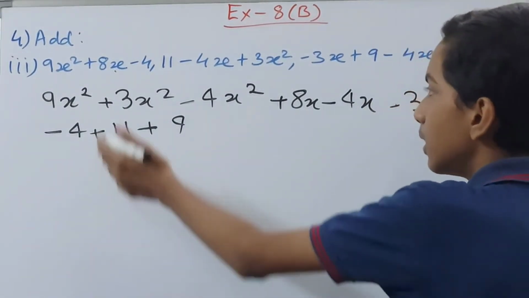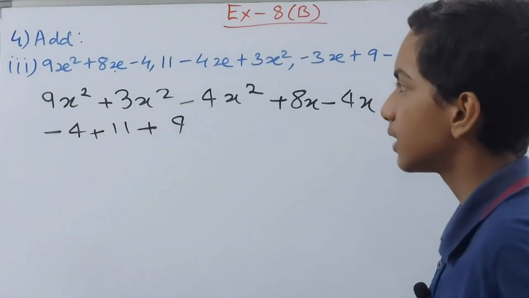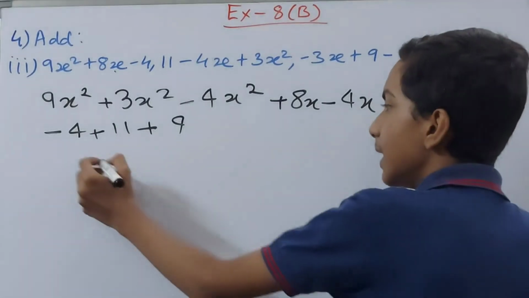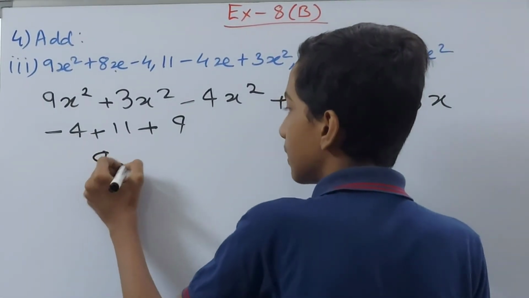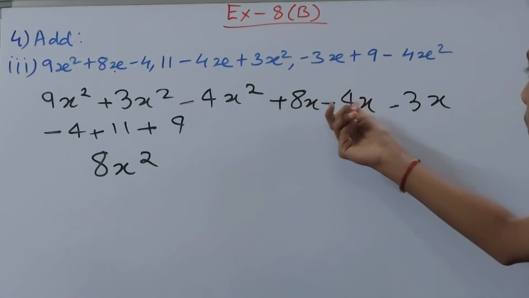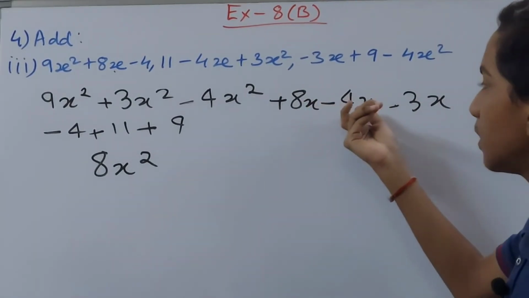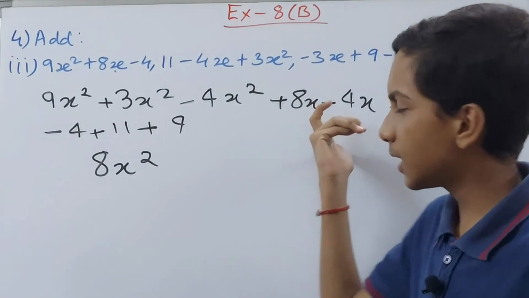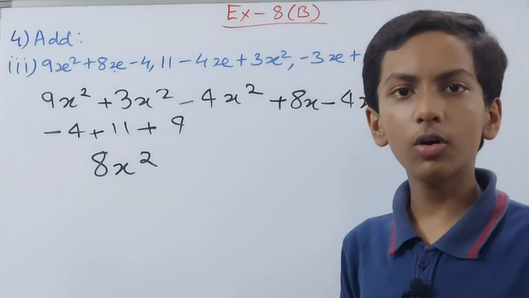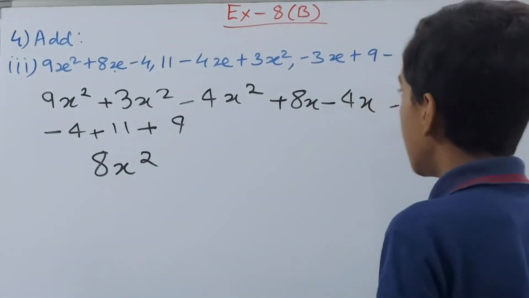So you see here, 9x square plus 3x square will be 12x square, and minus 4x square will be 8x square. Then plus 8x minus 4x, 8x minus 4x is 4x, and 4x minus 3x will be just 1x, or simply we say it as x.